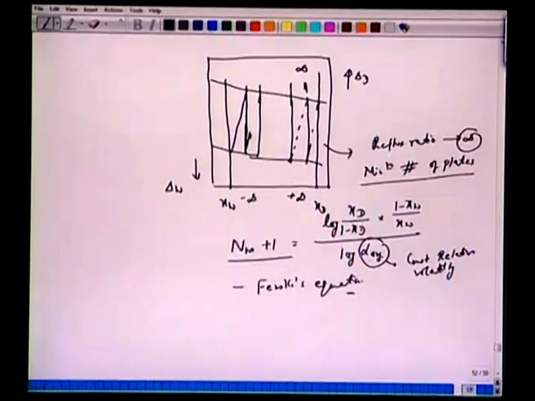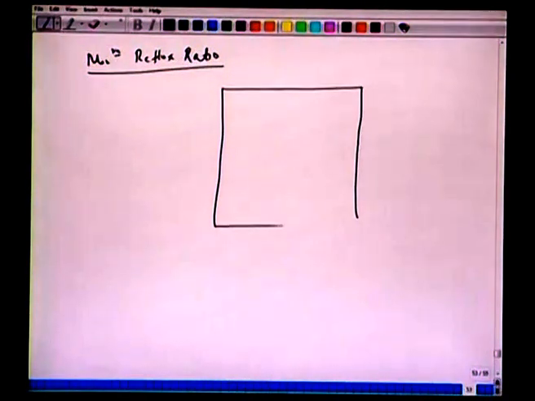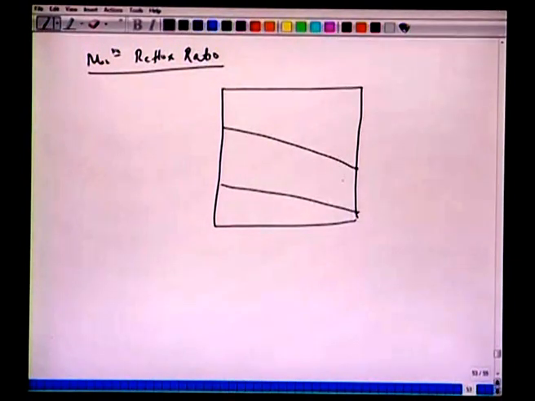Another extreme case would be when we have the minimum reflux ratio. So, when we have the minimum reflux ratio, let us redraw this HXY diagram again and follow the locus of this del D and del W points.